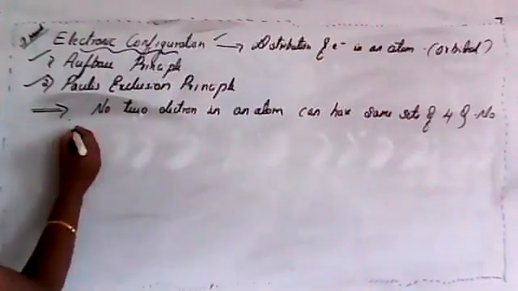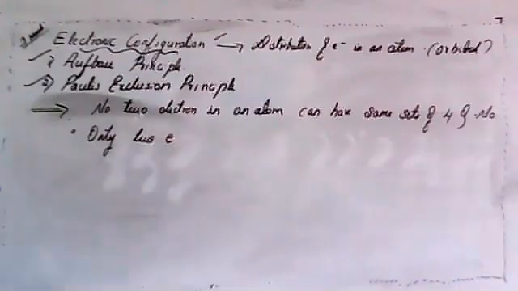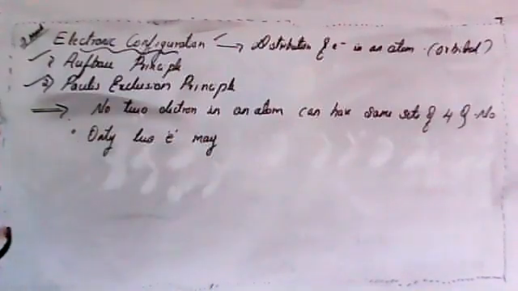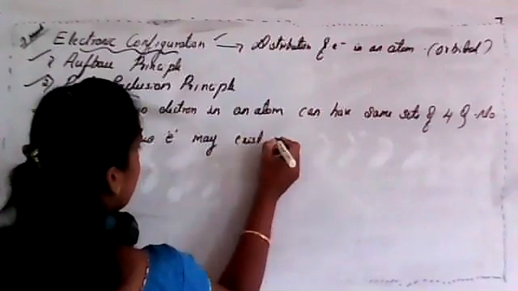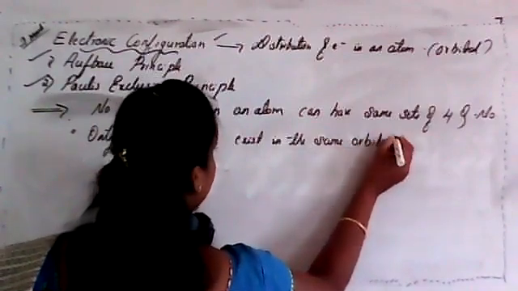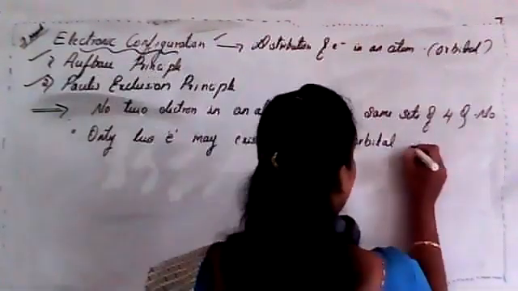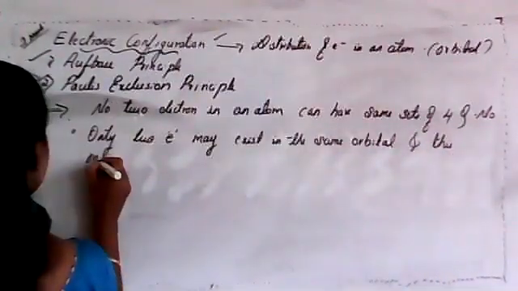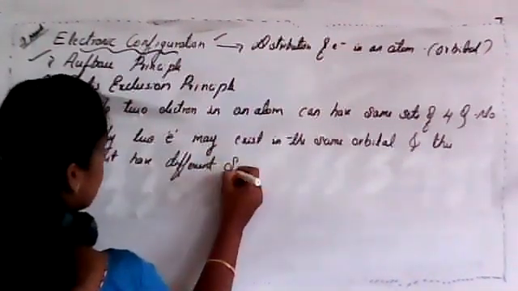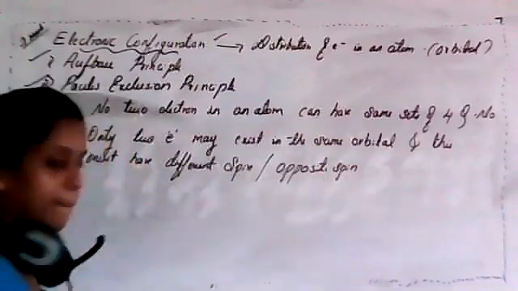So that means only two electrons may exist in the same orbital, and these electrons must have different spin, or else opposite spin. We use opposite spin. Clear?